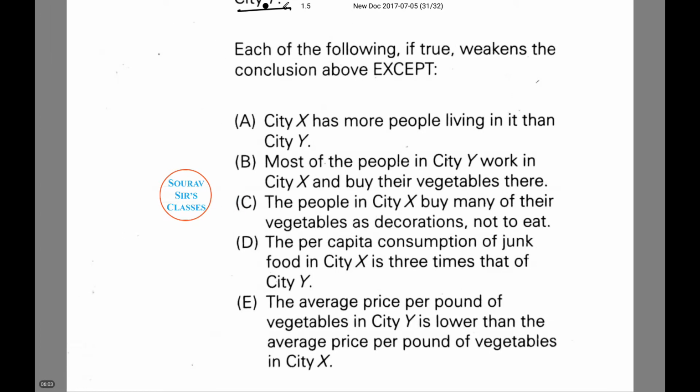Let's analyze the following options. We are looking for the answer that does not weaken the argument. You might think that means the correct answer would strengthen the argument, but while that could be the case, it doesn't have to be. The correct answer might simply be irrelevant to the argument.